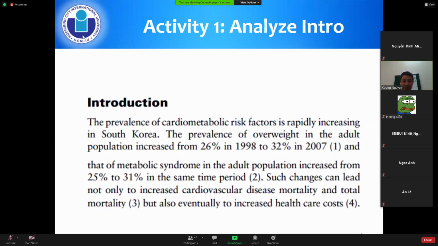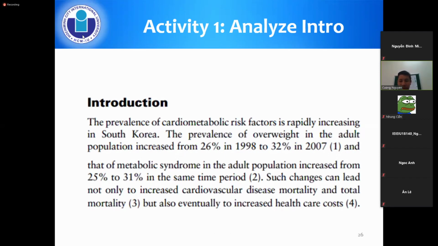Now the second sentence. The prevalence of overweight in the adult population increased from 26% in 1998 to 32% in 2007. And that of metabolic syndrome in the adult population increased from 25% to 31% in the same time period. So number 1, 2, 3, or 4?